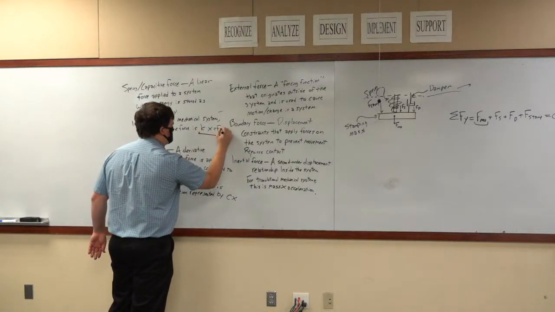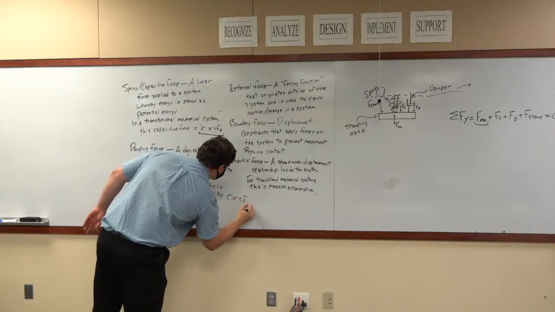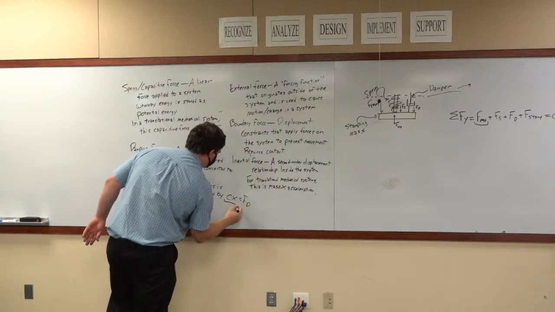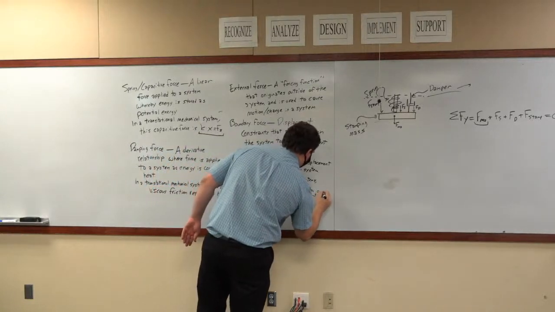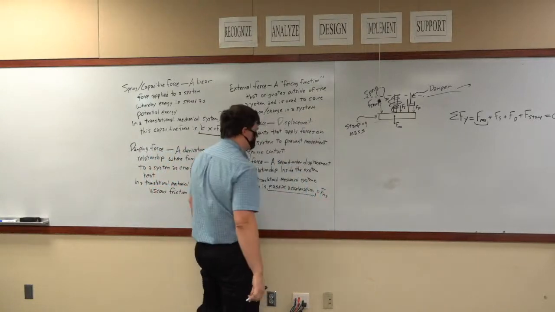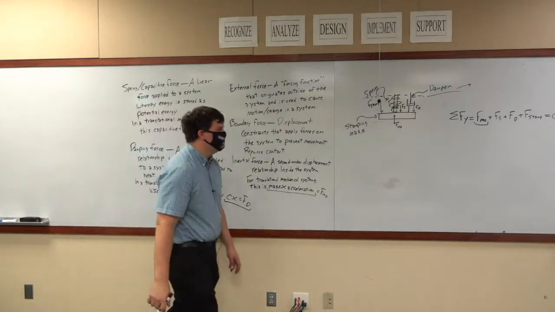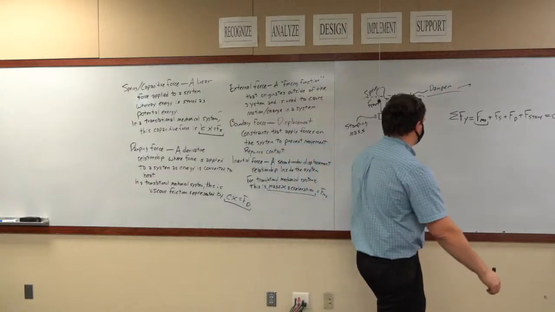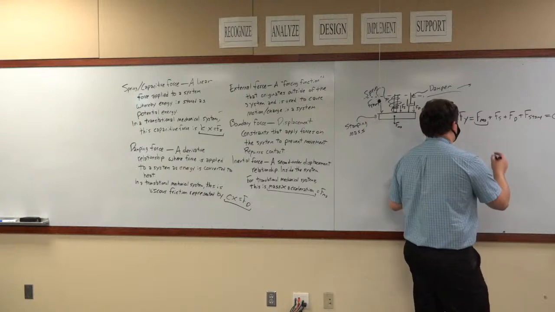This is equal to Fs. This is equal to the force caused by the damper. This is equal to FMA. Okay? So we can bring each one of these in where Ma, the acceleration, is 2 x's.